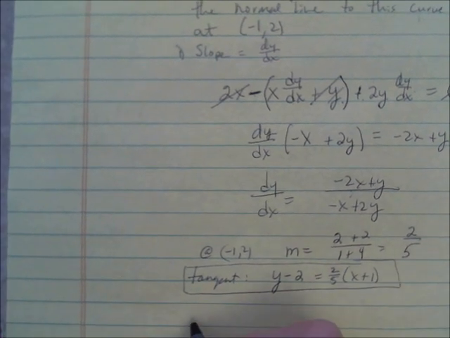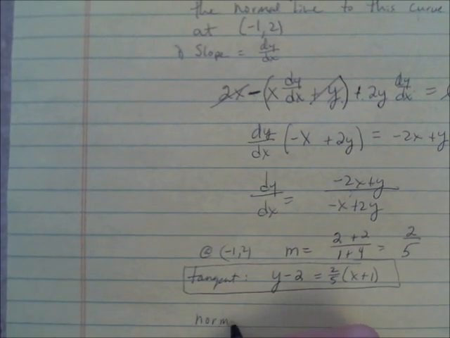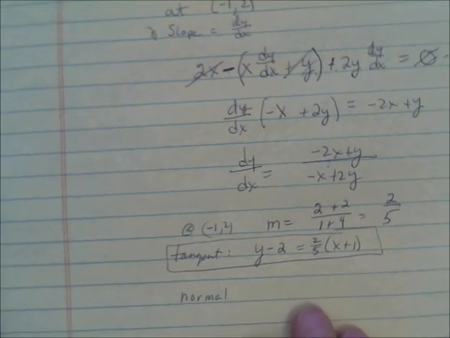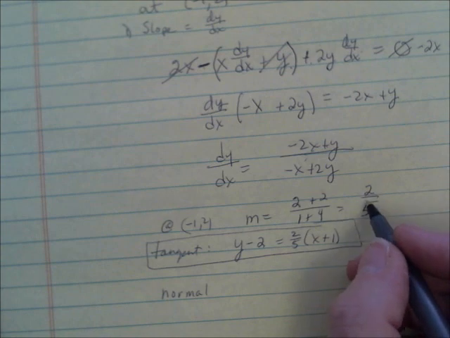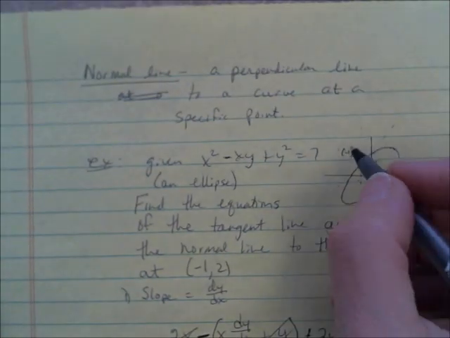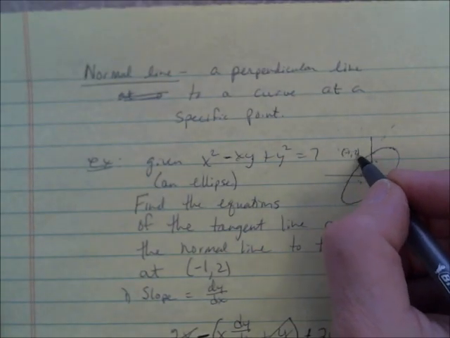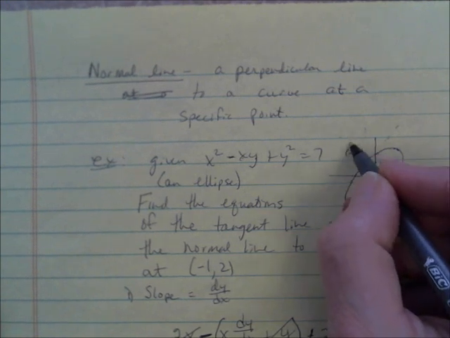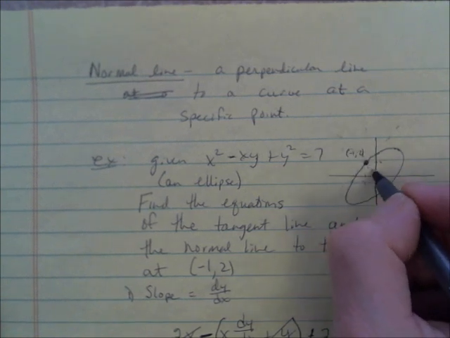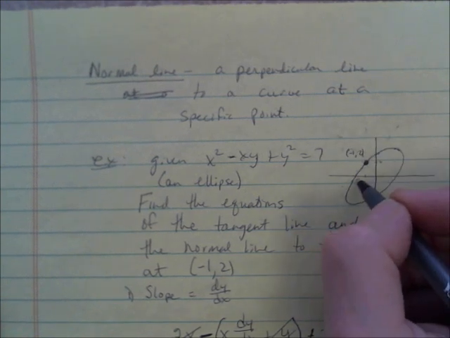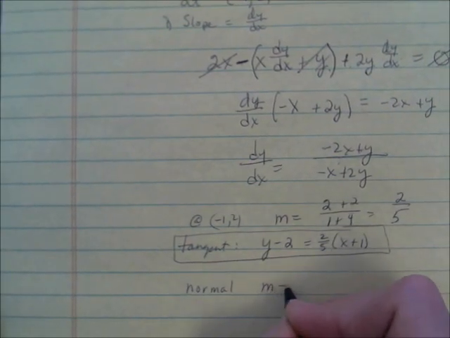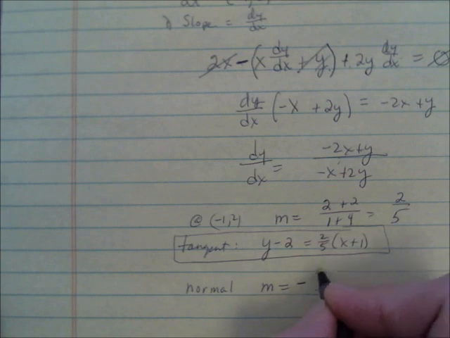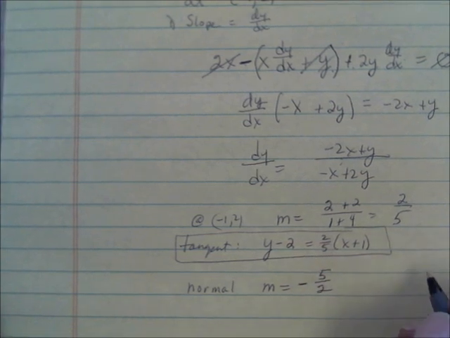Now for the normal line, the only difference in the process is that instead of using the slope 2/5, the line perpendicular to that curve would have a slope that's the negative reciprocal of 2/5, so that would be -5/2. So this slope is the negative reciprocal of the slope that we found.